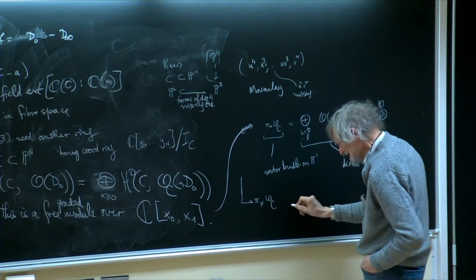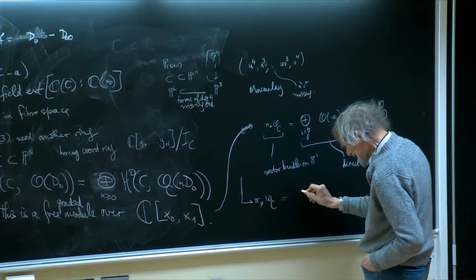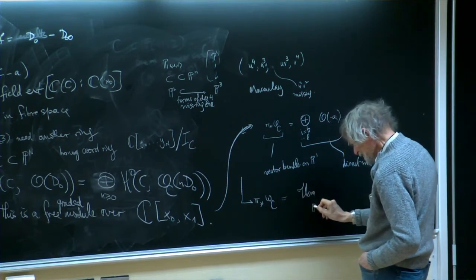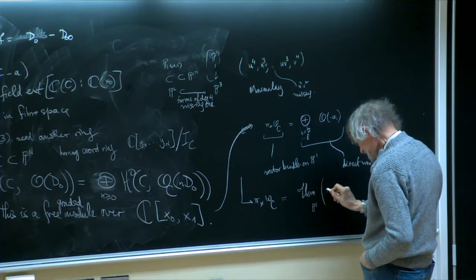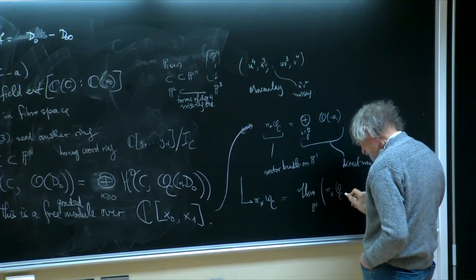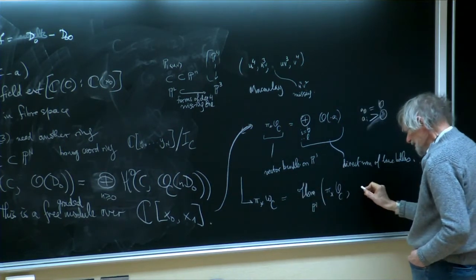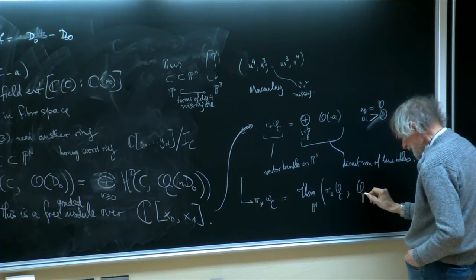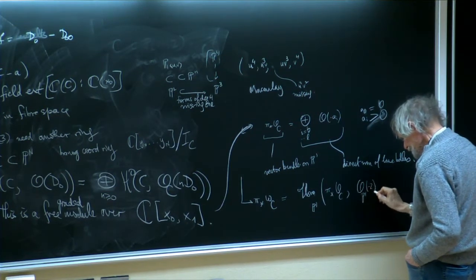So this thing here is Hom as modules over P1 of pi lower star OC into omega of P1, which is O P1 of minus 2.